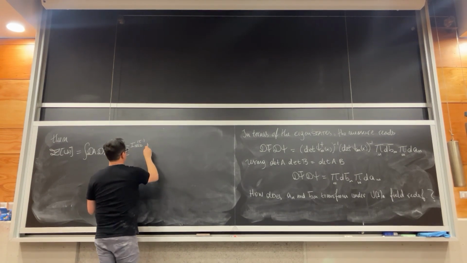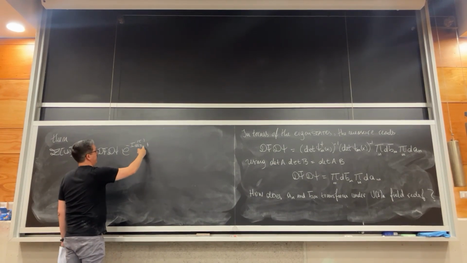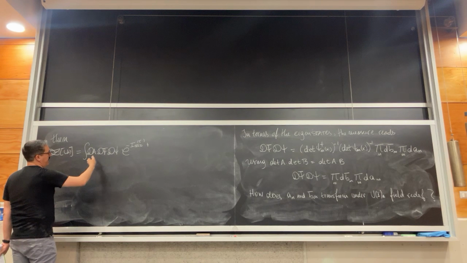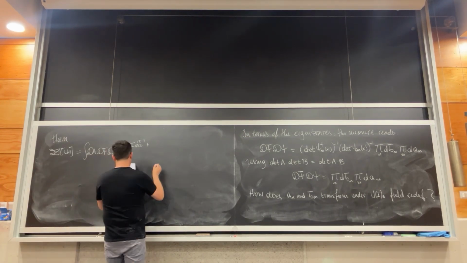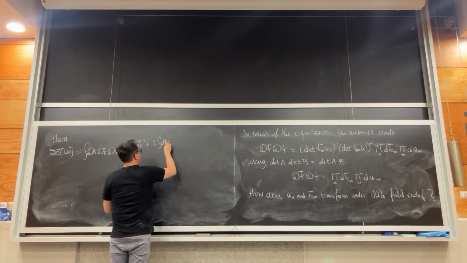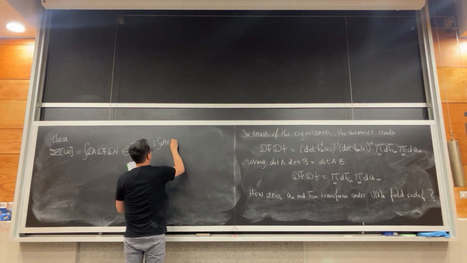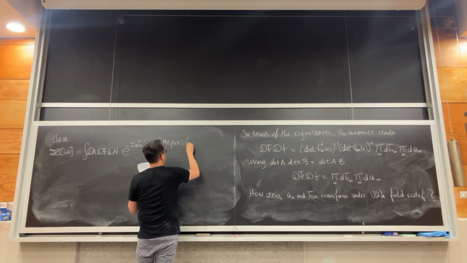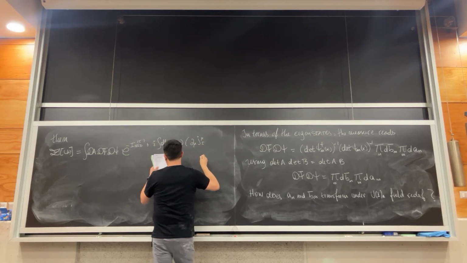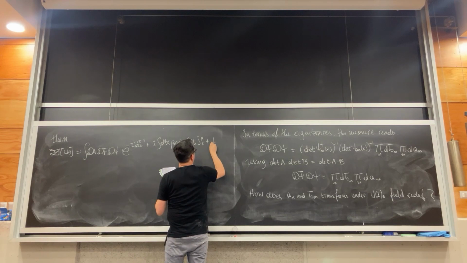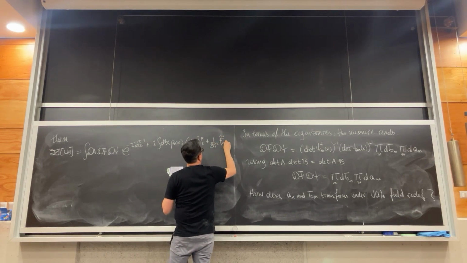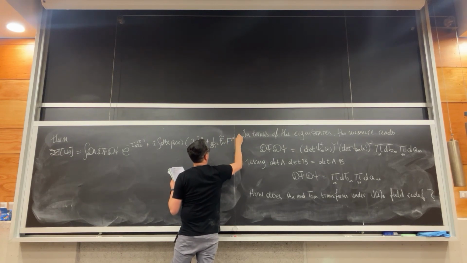And then there is a piece coming from the non-invariance of the Lagrangian. There is another piece that comes from the non-invariance of the fermionic measure, and these two pieces are here, plus 1 over 8 pi squared f tilde f.